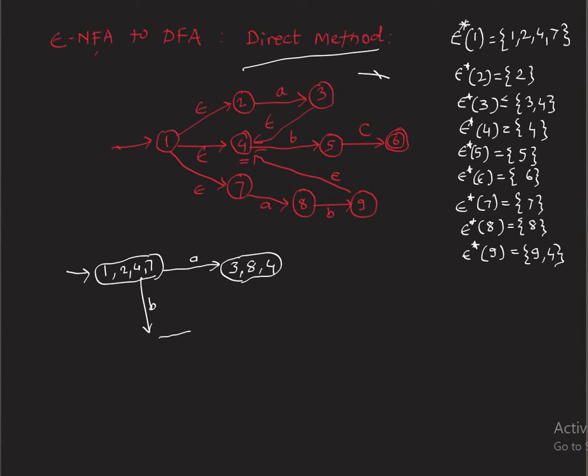Where do we have the transitions for B on each of the states? On 1 there is no transition for B, on 2 no transition for B, on 4 there is one transition for B, 4 is going to 5. But for 7 again there is no transition, so we have got only one transition.